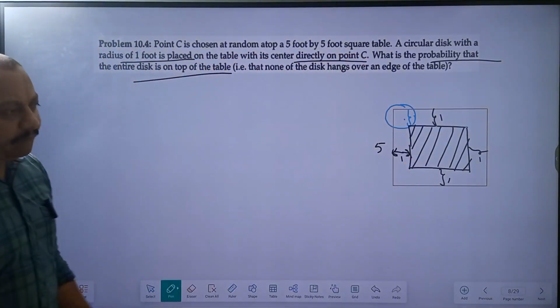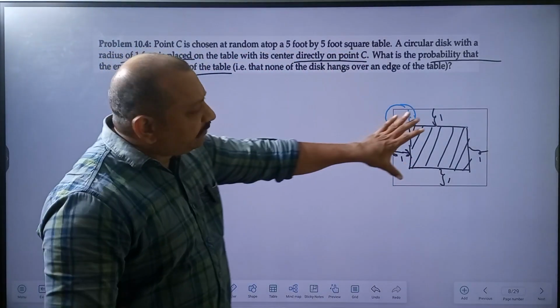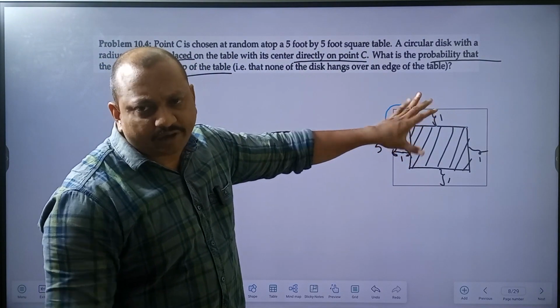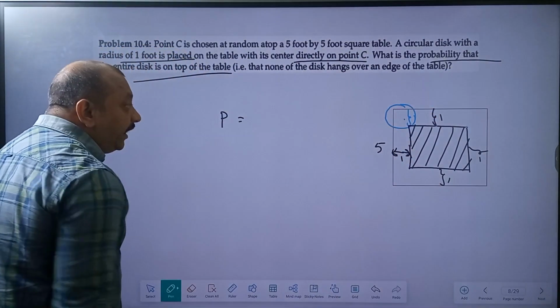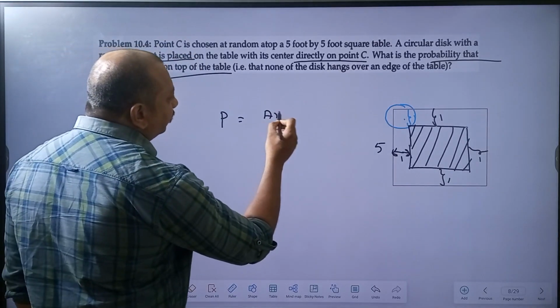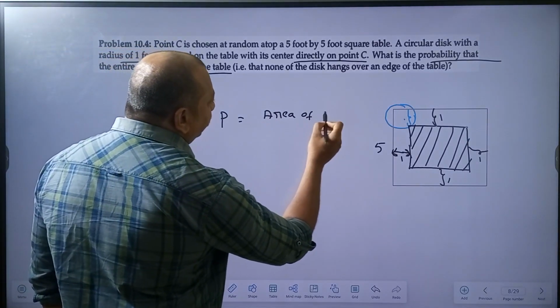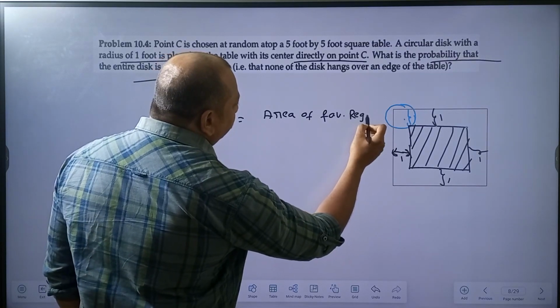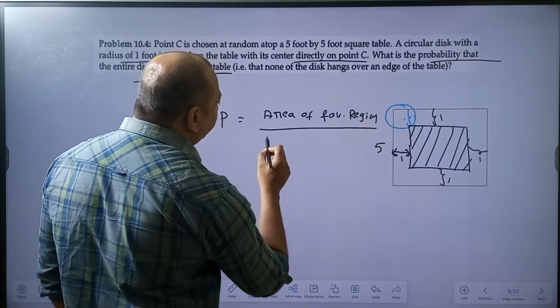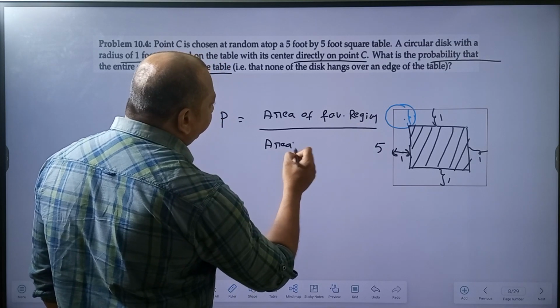As it is 2-dimensional, the square, the required probability is simply the area of the favorable region divided by the area of the total region.